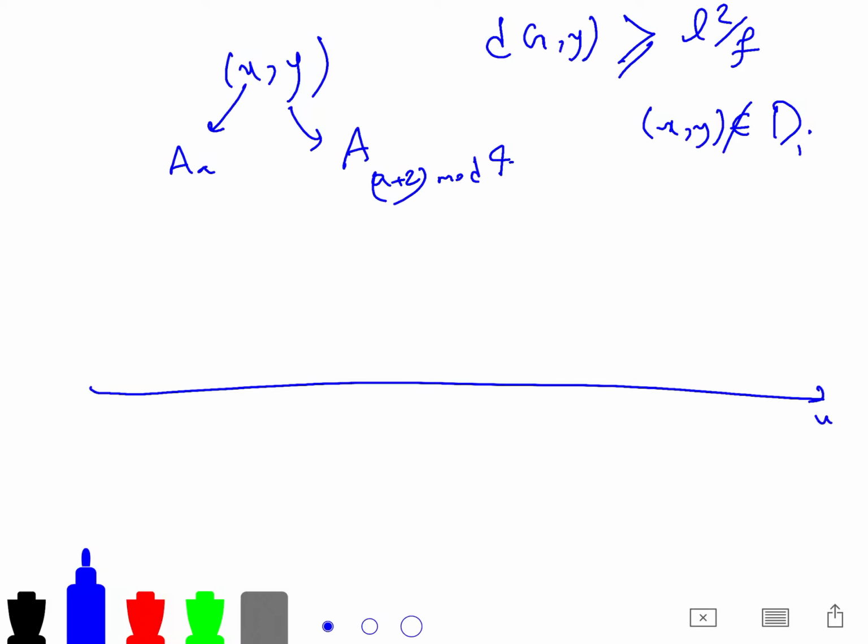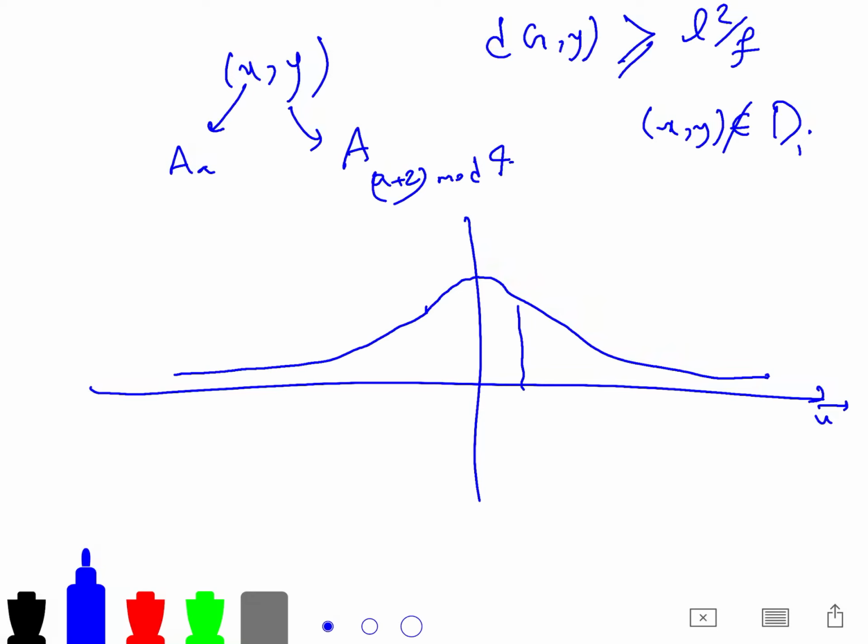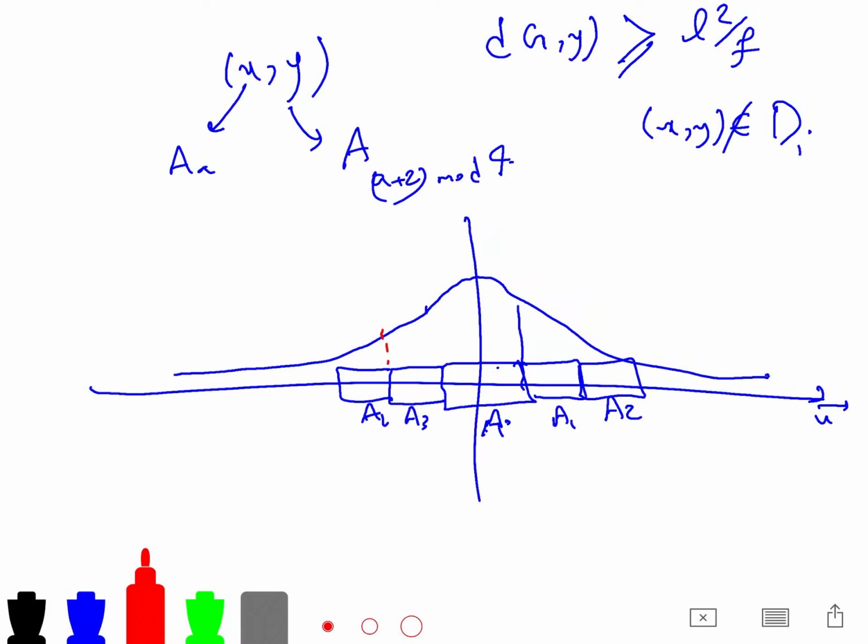So you have your U, and you have some distribution of projected length. As I said, we project it onto that random vector, and then you get some interesting things, because first of all, this is A0, and this is A1, A2, and here the same thing, A3, but A3 is enough.